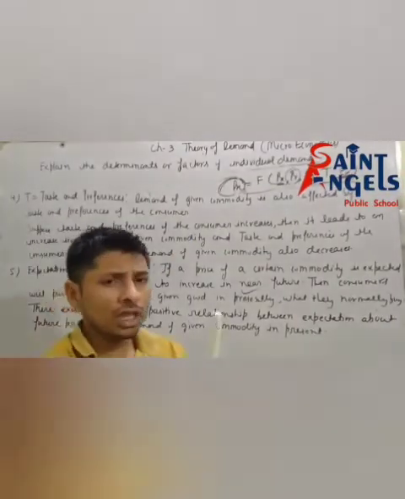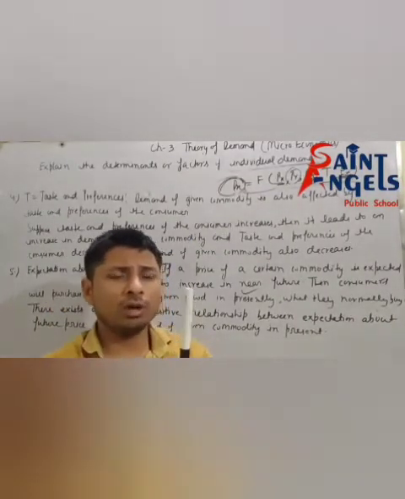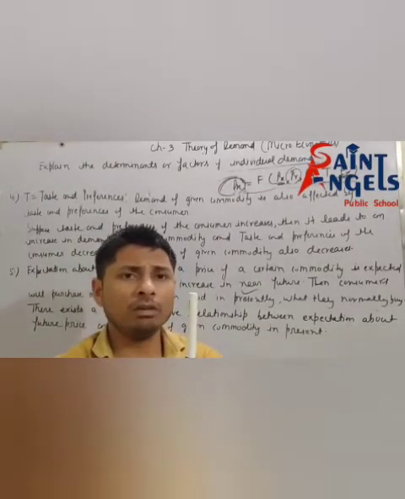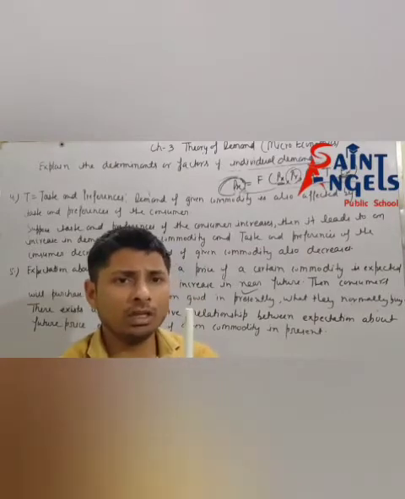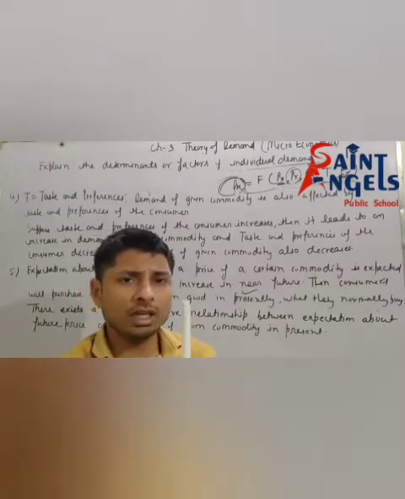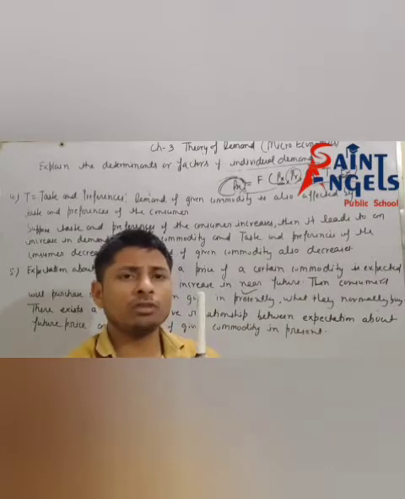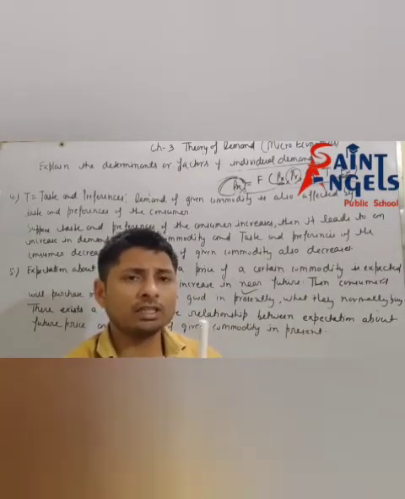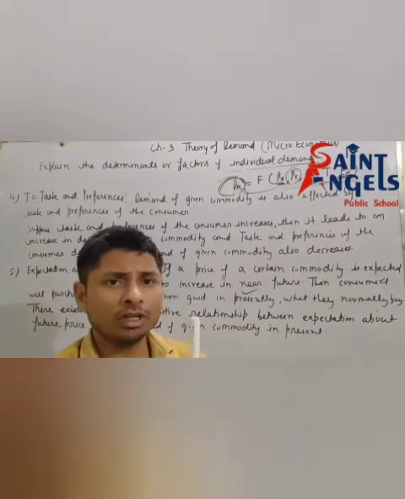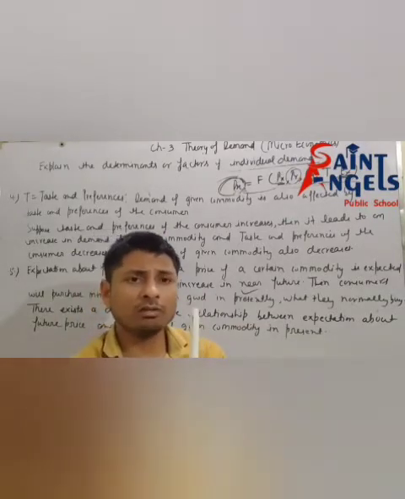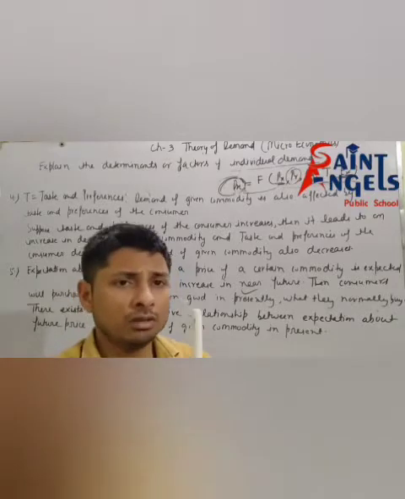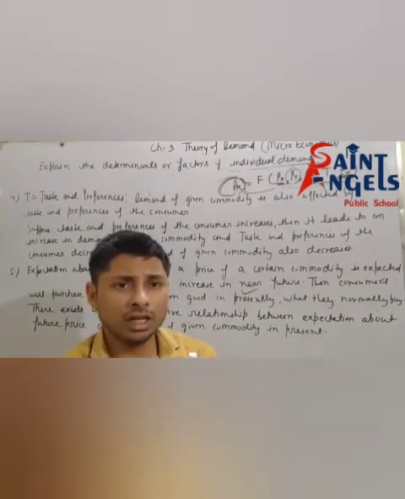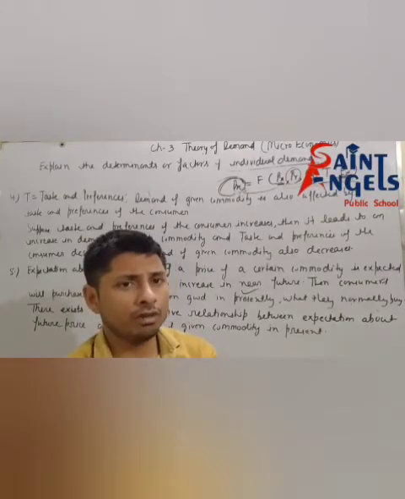Suppose I am talking about demand of a marker. So this marker will be considered as a given commodity, and the price of this marker will be considered as the price of given commodity.